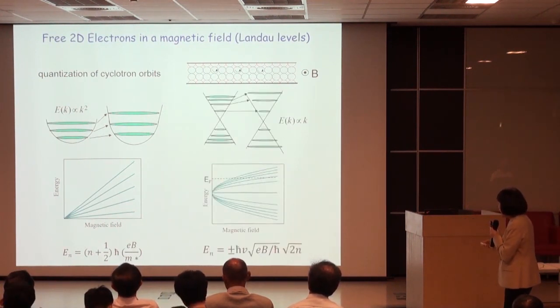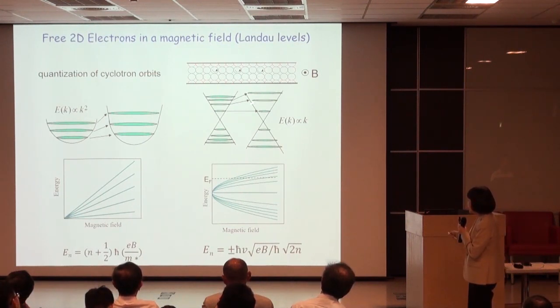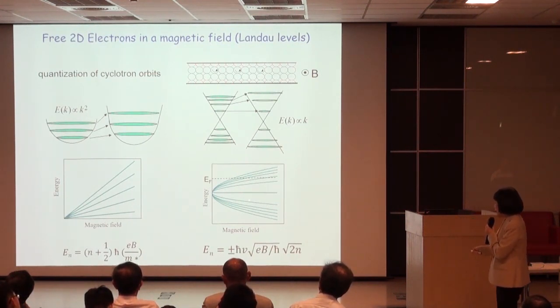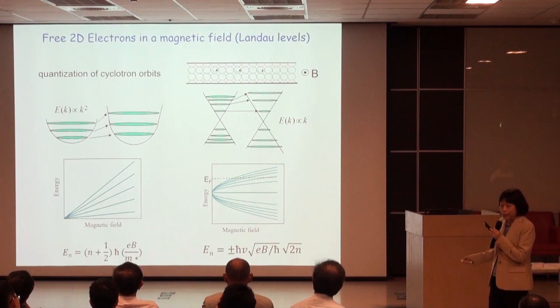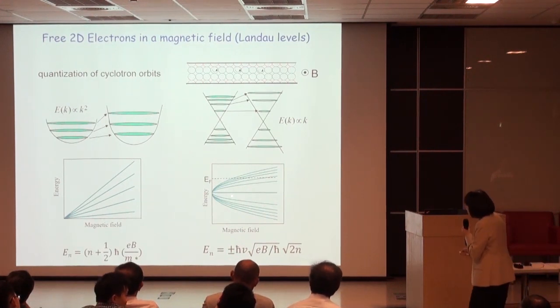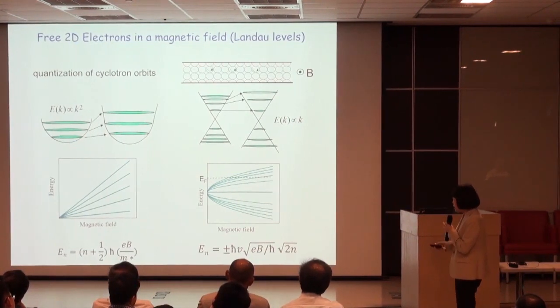But if we have a dispersion linear in k, and you do the calculation, your Landau level would be proportional to the square root of the magnetic field. Okay. All right. So this is a proof that we do have this kind of linear dispersion.